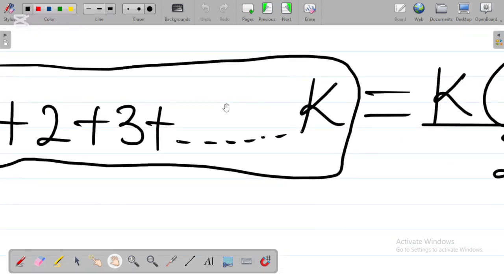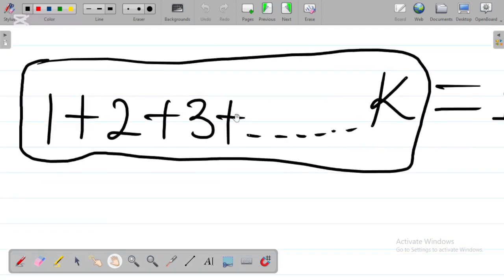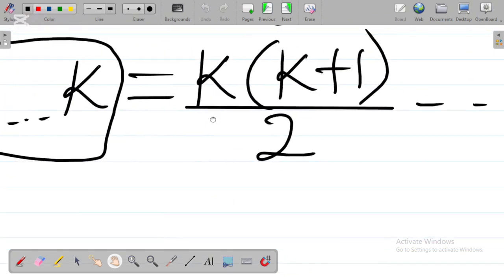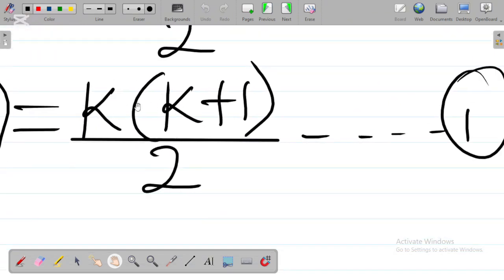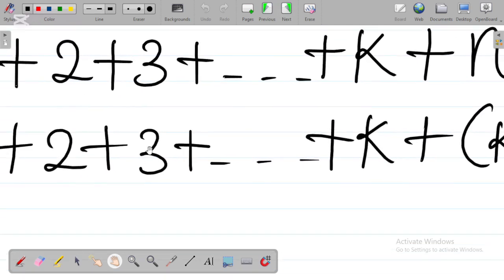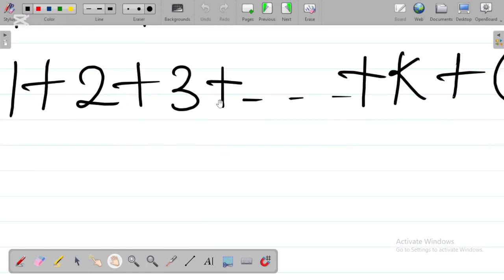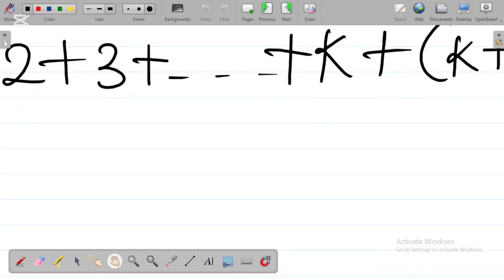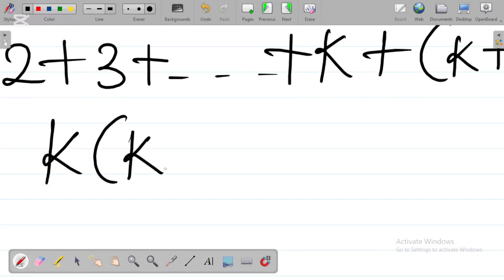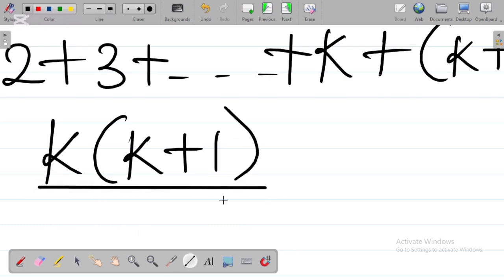So wherever we see 1 plus 2 plus 3 plus ... plus k, we are going to substitute k open bracket k plus 1 all divided by 2. This is coming from equation 1.